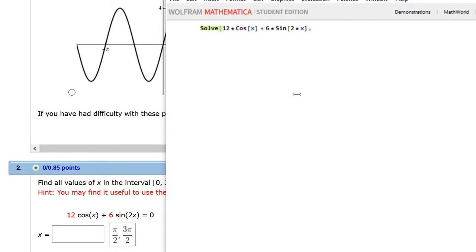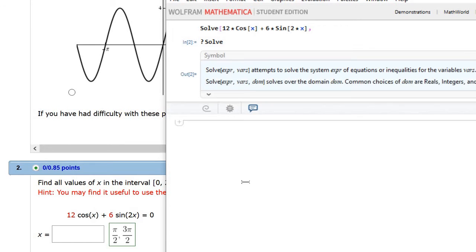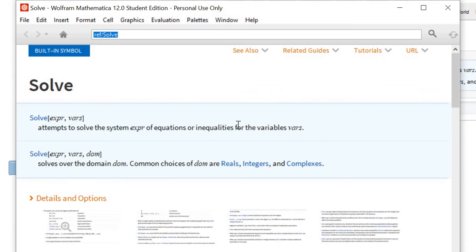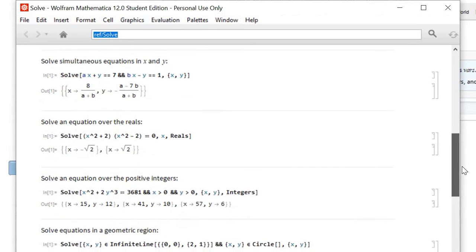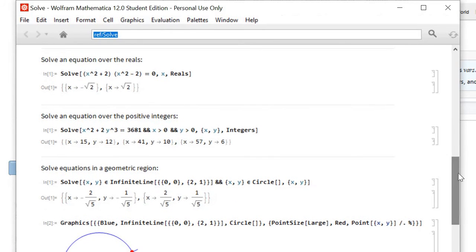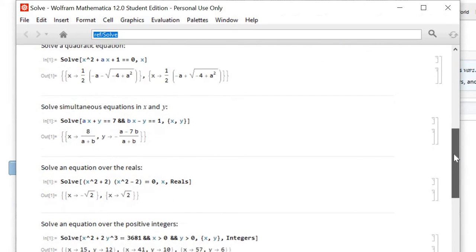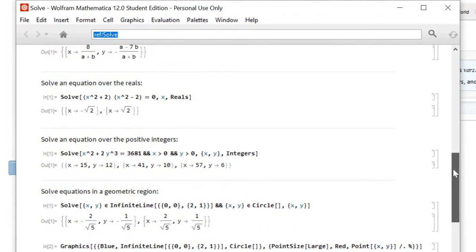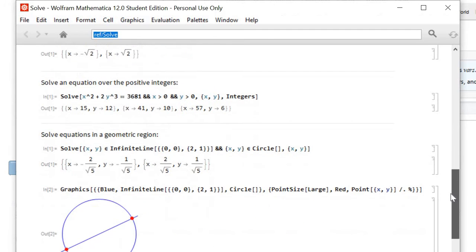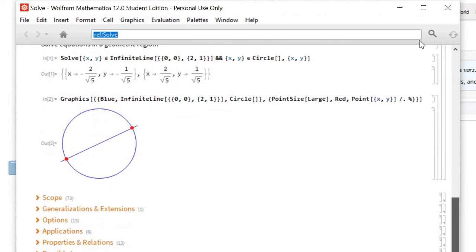And then I think, let me see, I think you're able to actually tell it over some domain. So let me go back and look here: reals, integers, over the circle. Let me try this.